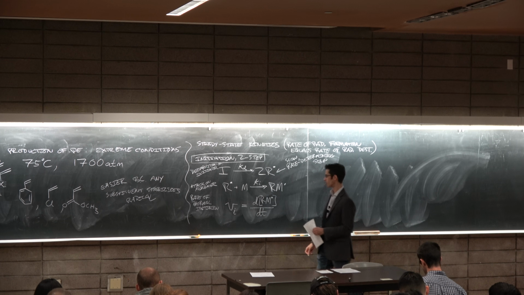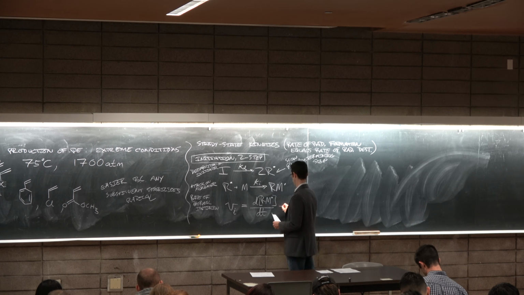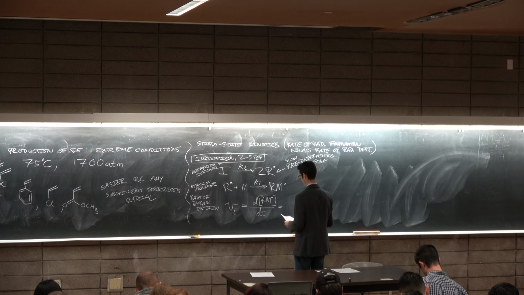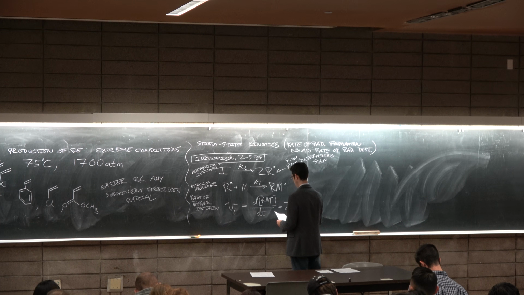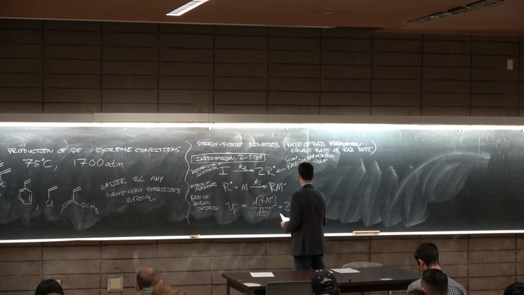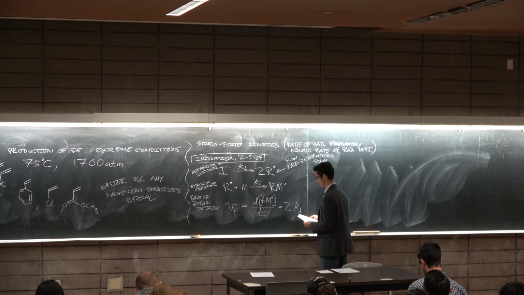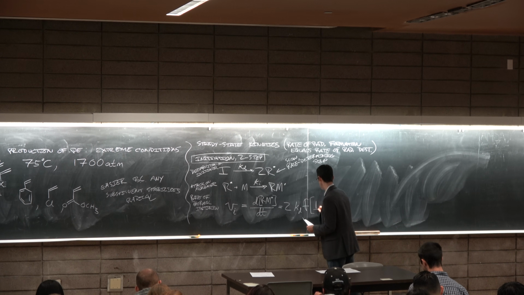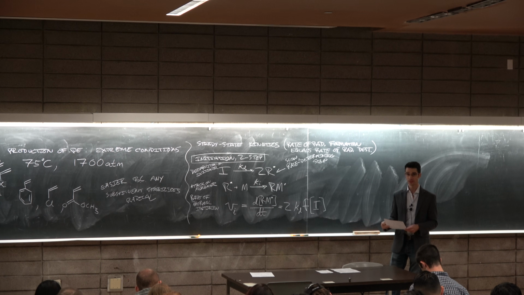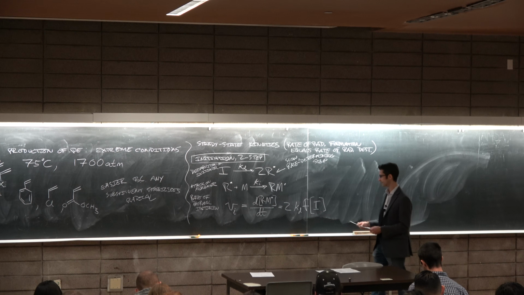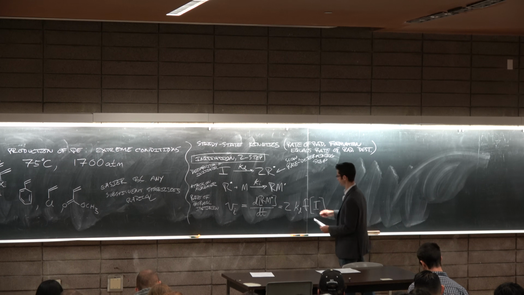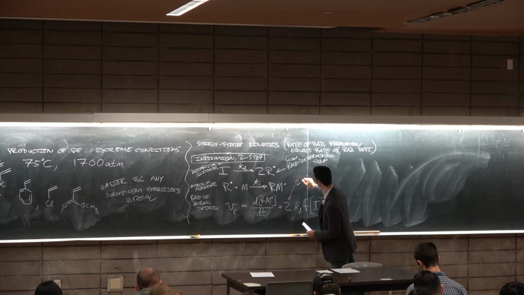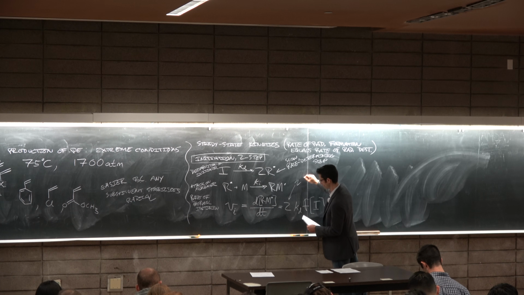So d Rm dot dt equals 2 Kd times F, which is the efficiency by which the radical initiator can propagate chains. So this is 2 because 2 initiators per I.